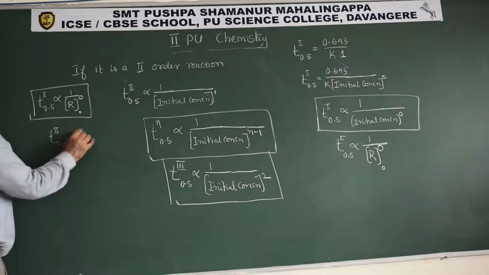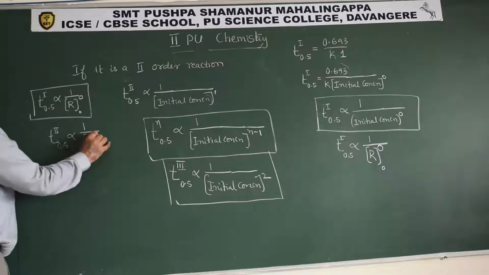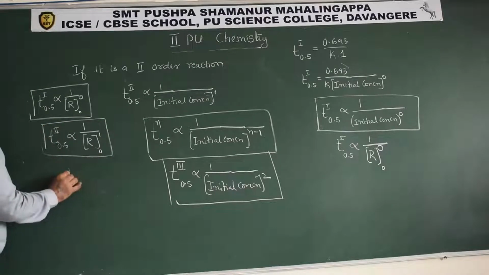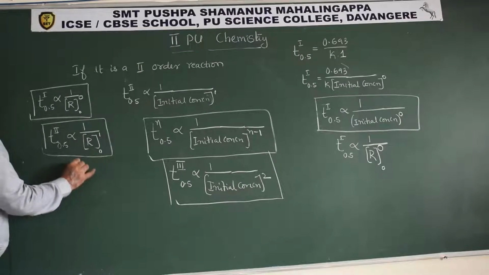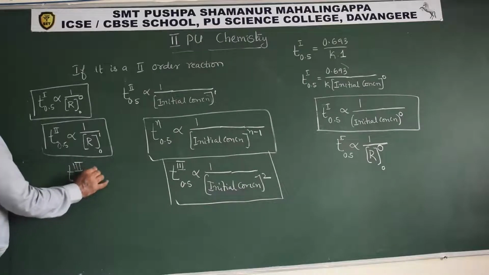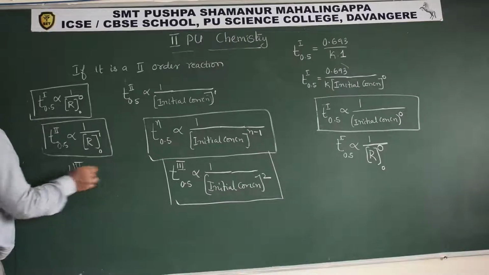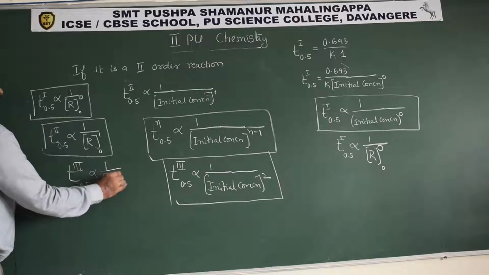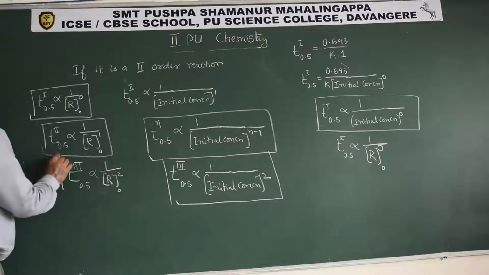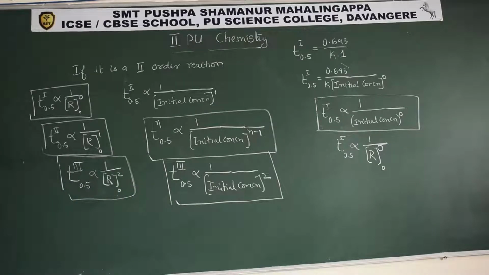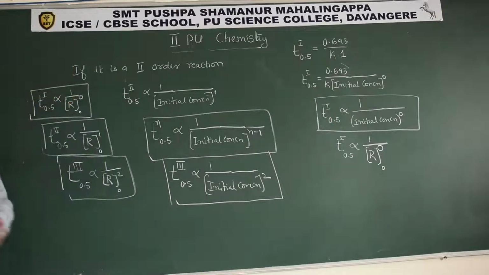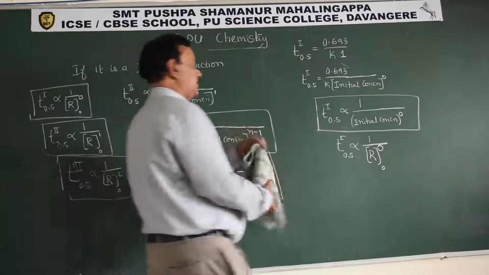The half-life period of the second order reaction is inversely proportional to the first power of the initial concentration of the reactant, and the half-life period of the third order chemical reaction is inversely proportional to the square of the initial concentration of the reactant. Is it clear? Therefore, for an nth order chemical reaction, the half-life is inversely proportional to the n minus 1th power of the initial concentration of the reactant. Okay.